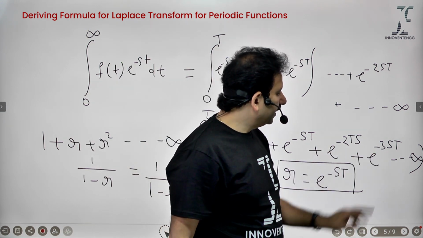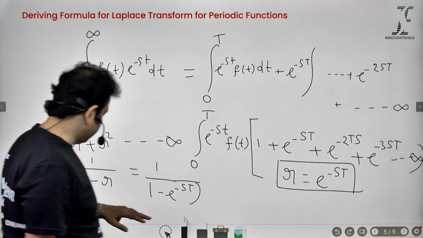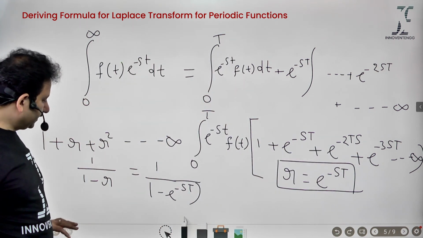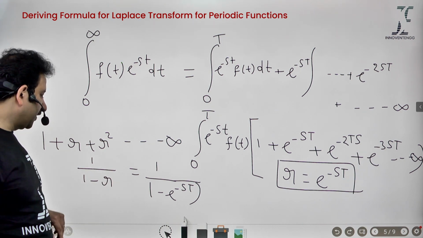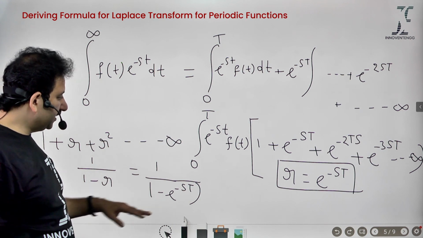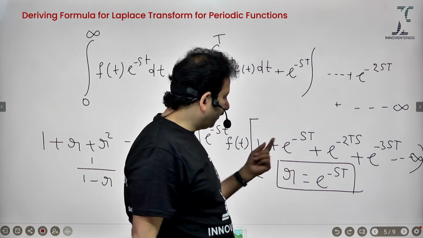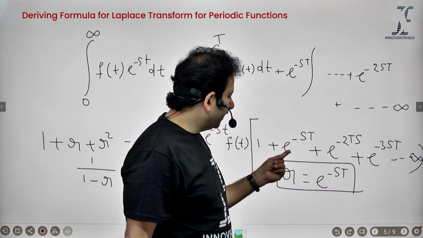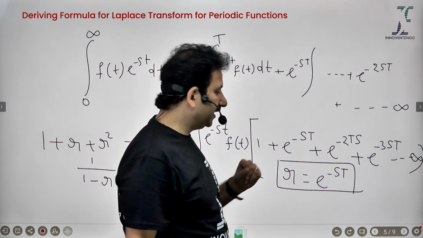And knowing that it is going to increase by one period for all the rest of the integrals, you get an infinite geometric series whose sum is given by initial term over 1 minus the common ratio, that is r. Common ratio here is e power minus sT, because every time you multiply an exponential function by e power minus sT, the power augments by 1. Remember that.